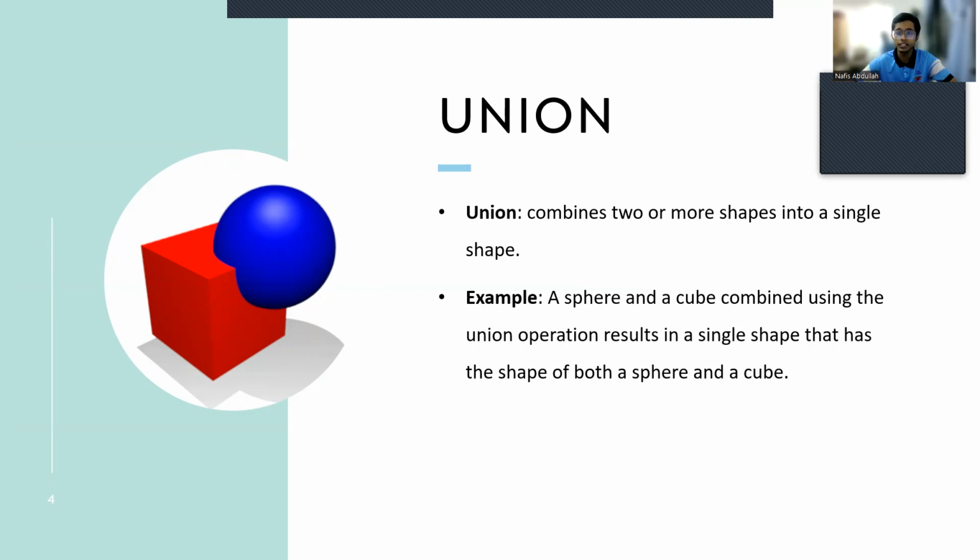It is represented mathematically as a logical OR operation where the resulting volume is the one that is present in any of the original volumes. And the union operation is also known as the merge or add operation.